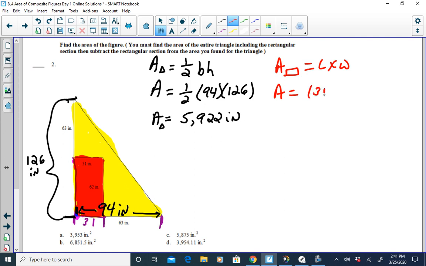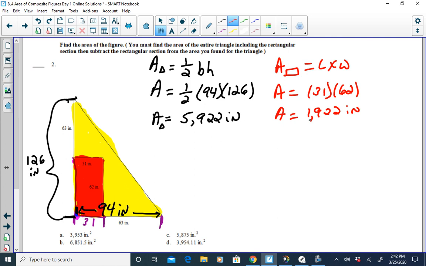So that's 31 times 62. We wind up with 1,922, and those are also square inches.